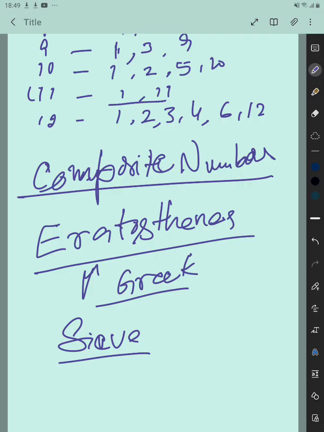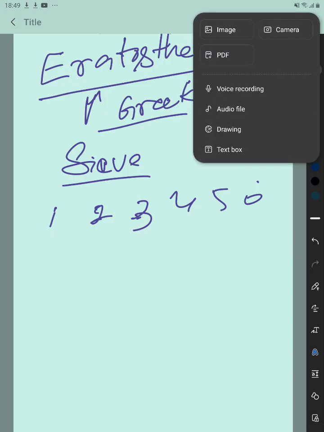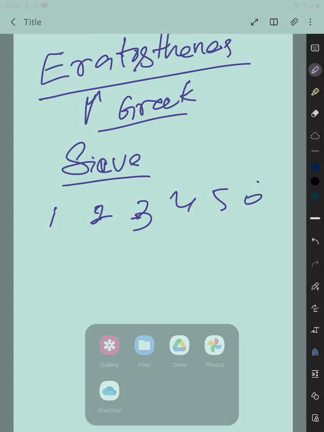They have shown the process: write the numbers starting from 1, 2, 3, 4, 5, 6 and so on. Let's take one image over here.